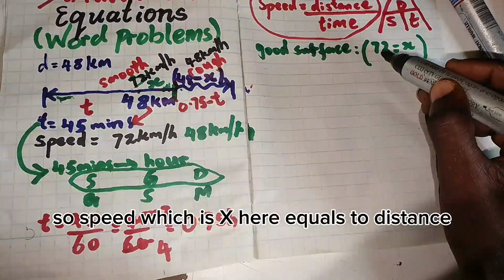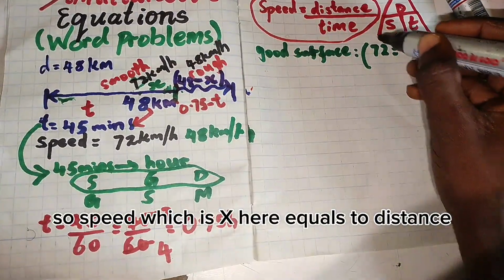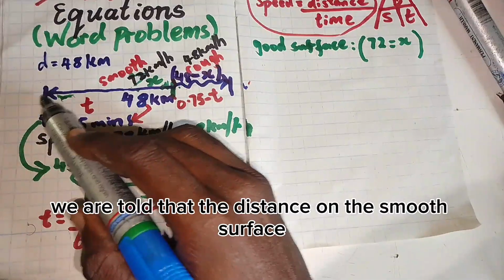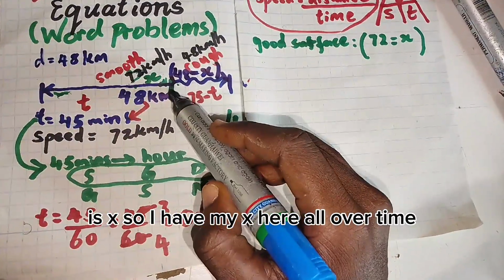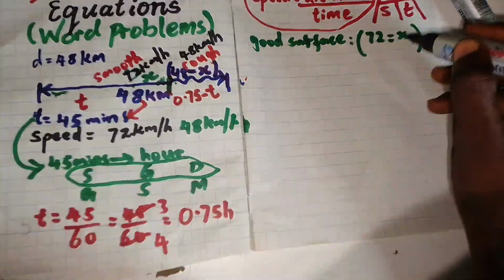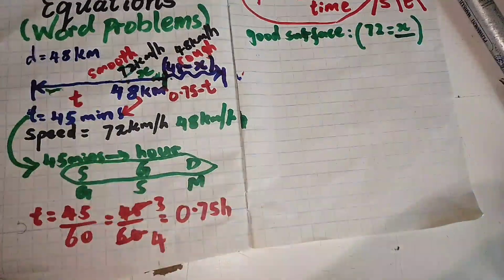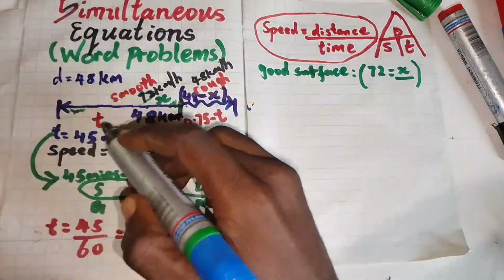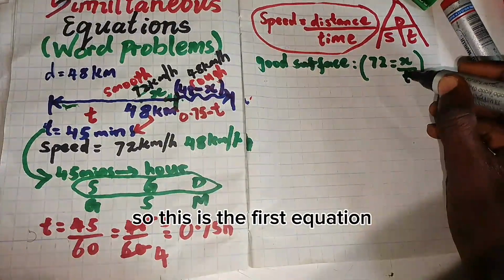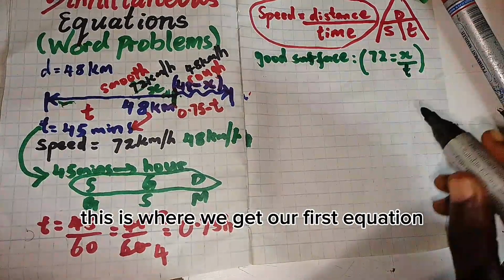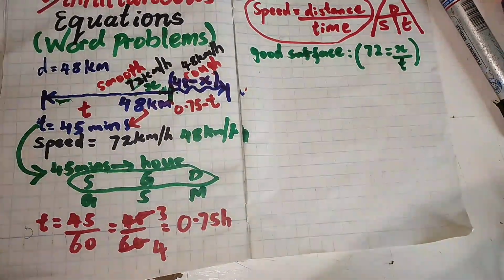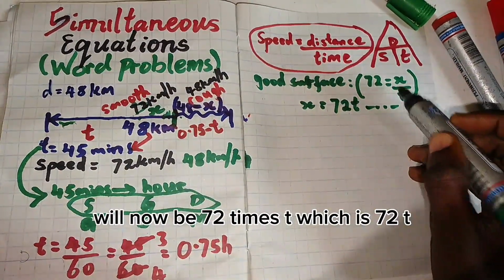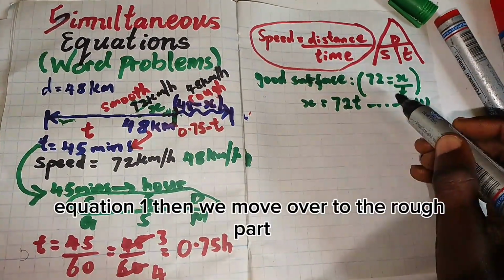So speed, s, equals distance, which on the smooth surface is x, all over time. As we know, the time on the good surface is t. This is where we get our first equation, because x, which is distance, will now be 72 times t, which is 72t. Equation 1.